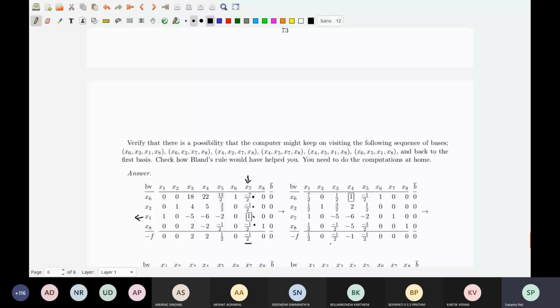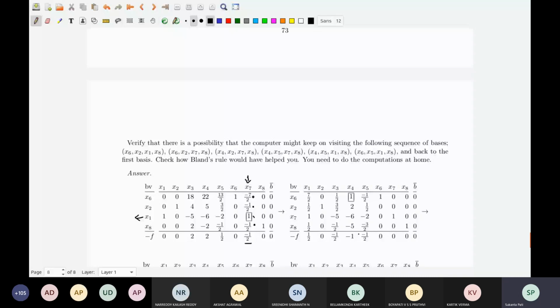The most negative entry has a good story. It gives a direction in which taking one step will decrease the objective function value by 1, whereas in the other directions, taking one step will decrease the objective function value by half only. So it gives you a feeling that if I take this direction, I will reach the minimum very quickly.